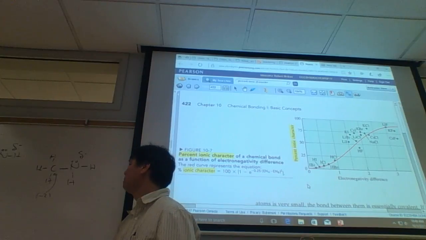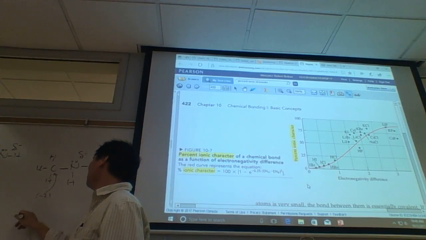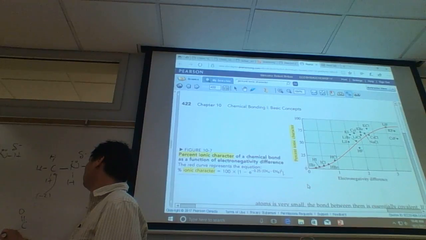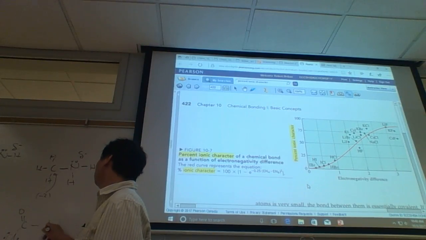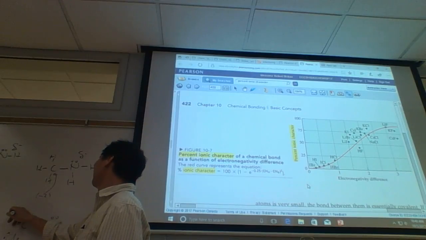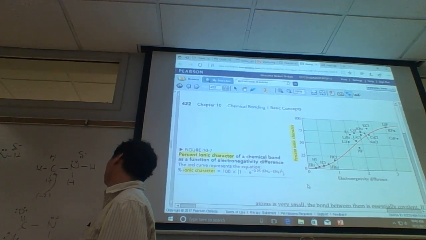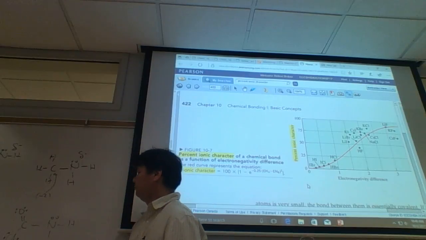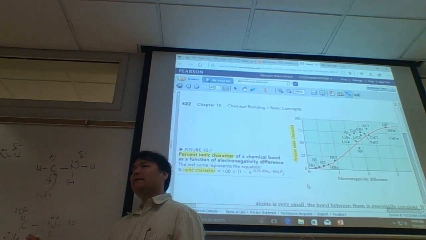However, if this were like this, let's say I had something like this attached. This carbon, hey, this carbon has the same electronegativity, doesn't it?